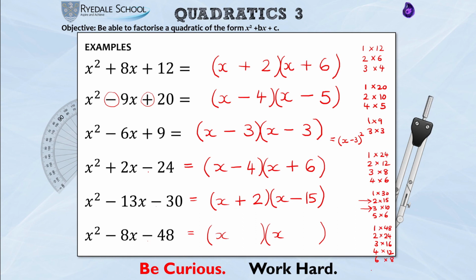But which ones are going to find us the 8? Well, 4 and 12 have a difference of 8, so it's going to be 4 and it's going to be 12. We know the signs are different, but which way round is going to give us the negative 8? It's negative 12 plus 4.